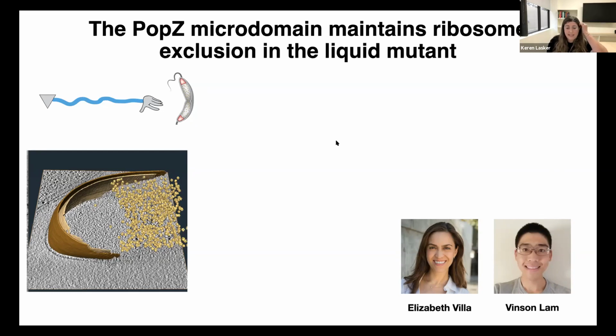So as a baseline, here is a picture of the wild-type POP-Z with a polar POP-Z that is residing at the pole and excluding ribosomes that I've told you before. Those ribosomes are segmented in gold. And also here you see a segmentation of the inner and outer membrane.